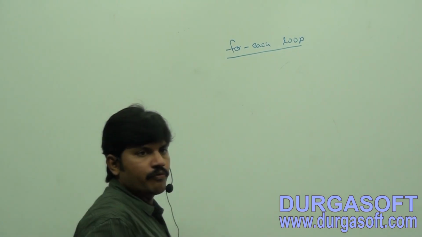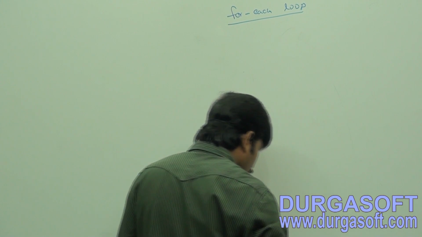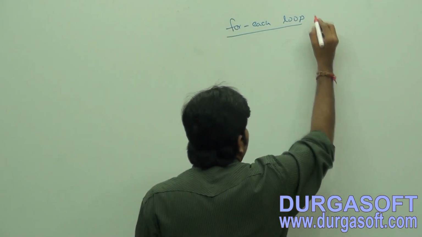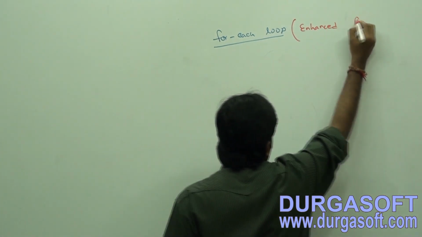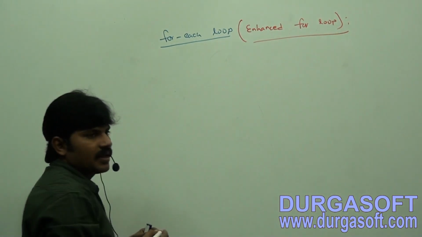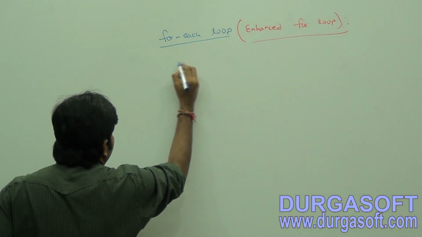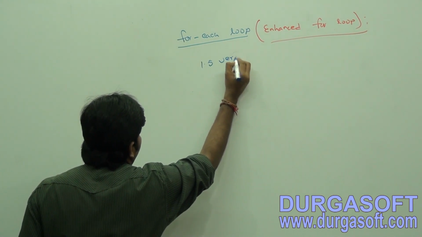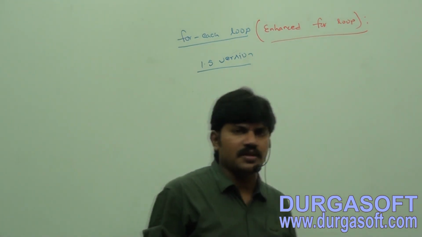The for each loop is also known as the enhanced for loop. This loop was introduced in the 1.5 version. Listen.